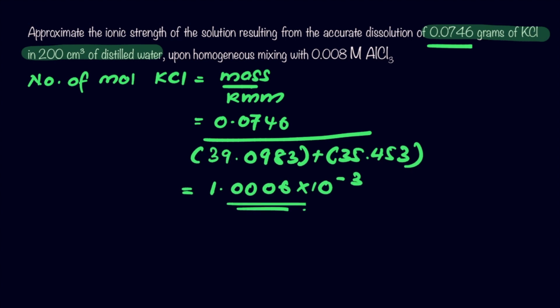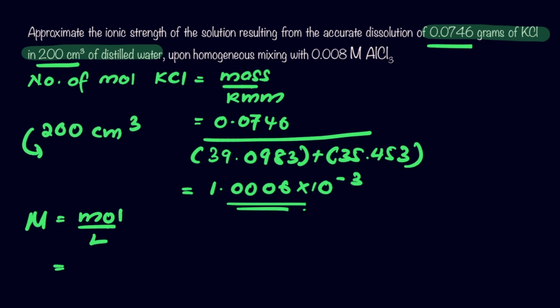Right. So the next step is you want to find the molarity. So molarity is equivalent to mole over liter. So you need to convert 200 centimeter cube into liter beforehand, and the number of mole that we are going to use is this value here that we have already calculated.